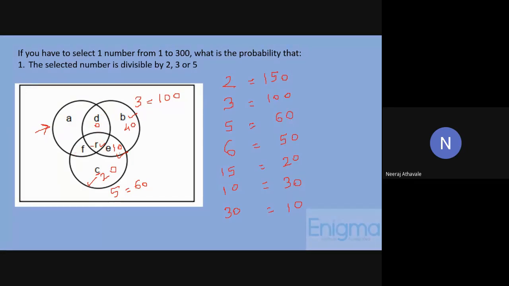So now, just the Venn diagram method is one, and the other method is, if you know all the values, what you can do is 150 plus 100 plus 60 minus 50 minus 20 minus 30 and then plus 10.